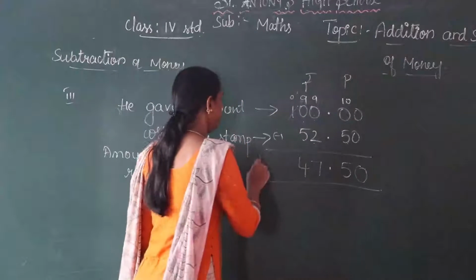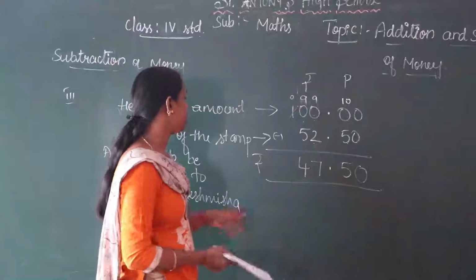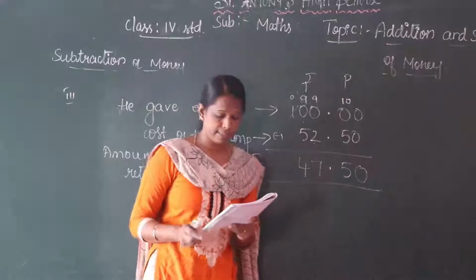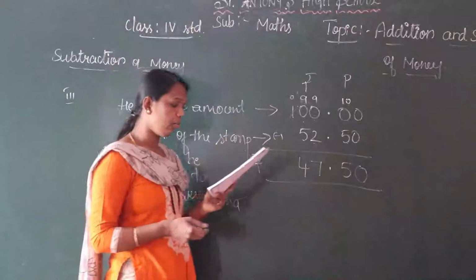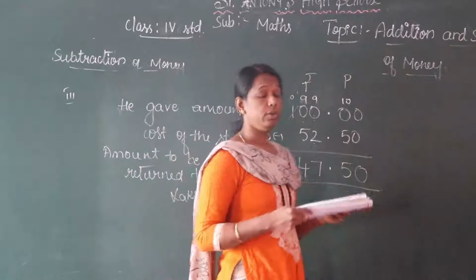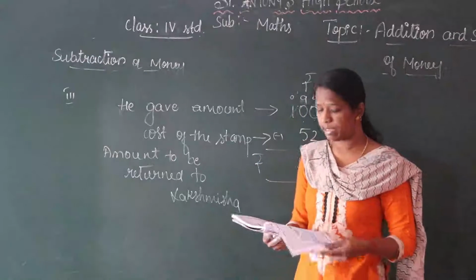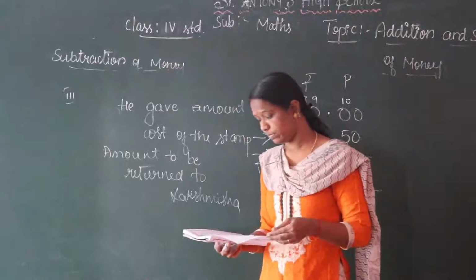So 0. So the amount returned to Lakshmisha is rupees 47.50 paisa. So to find the value of one or more objects, we first do addition, and then for the remaining amount or return amount we do the subtraction.